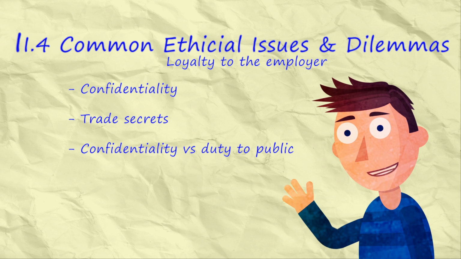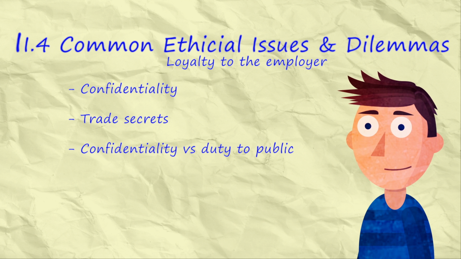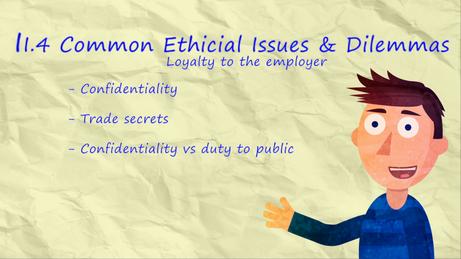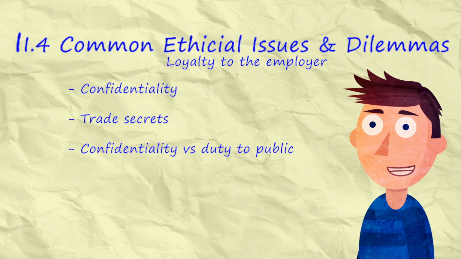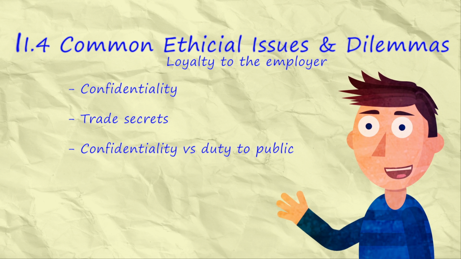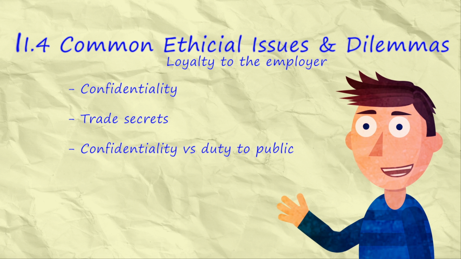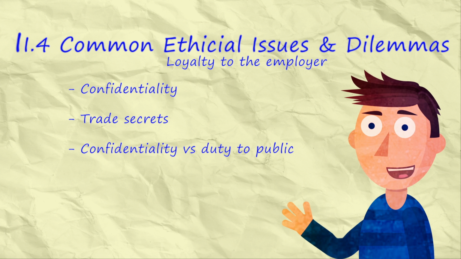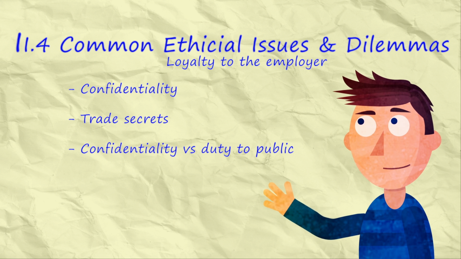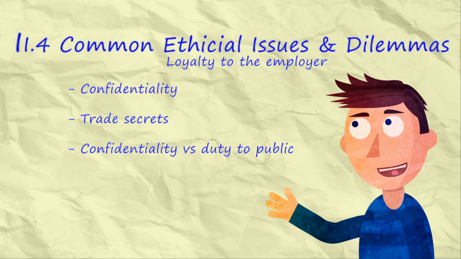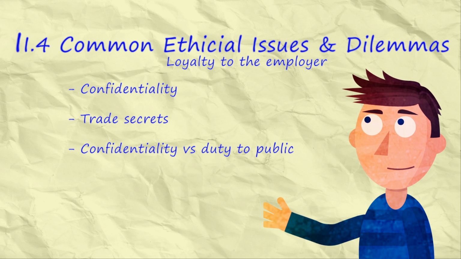But if the professional notices that during the project there is an environmental or safety hazard where danger to the public is involved, the code of ethics or regulation requires the professional to reveal confidential information to the authorities. But the confidentiality agreement says otherwise.